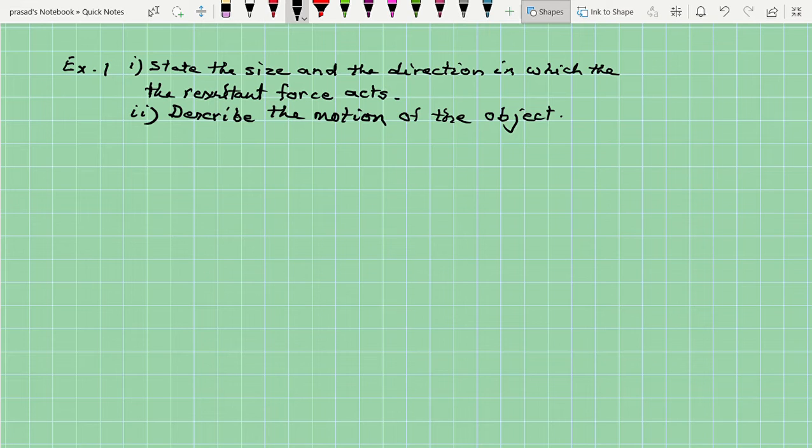So again, some force diagrams are given to you. So this is the first one. Now on this object, a force of 150 Newton is acting towards the right direction.